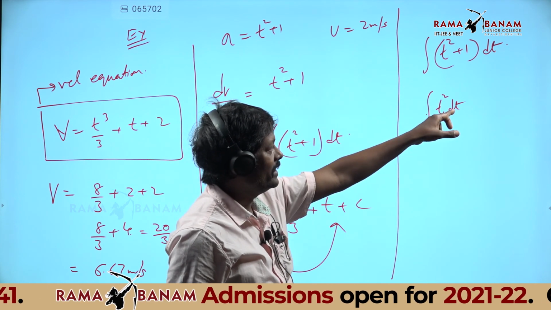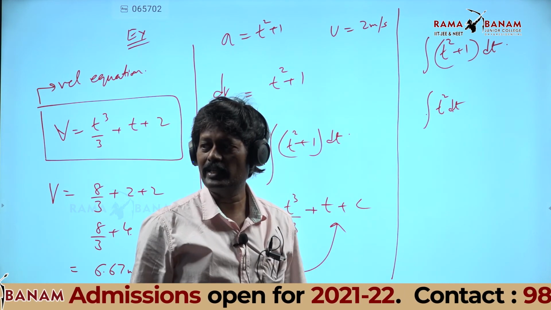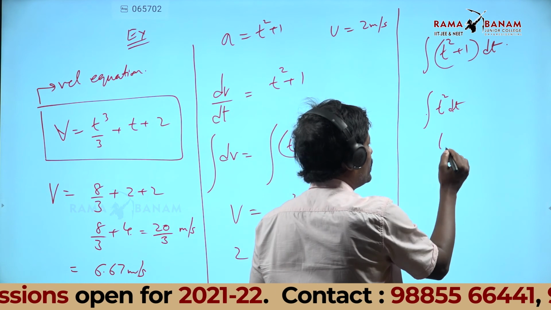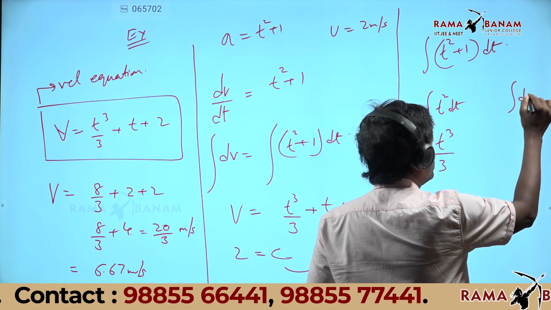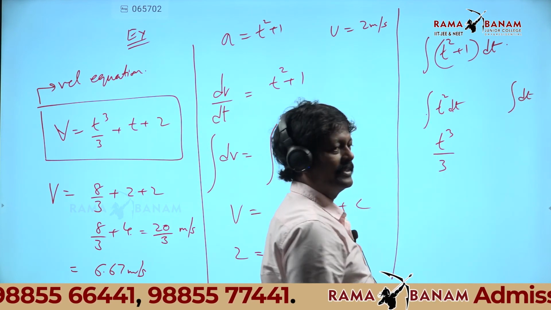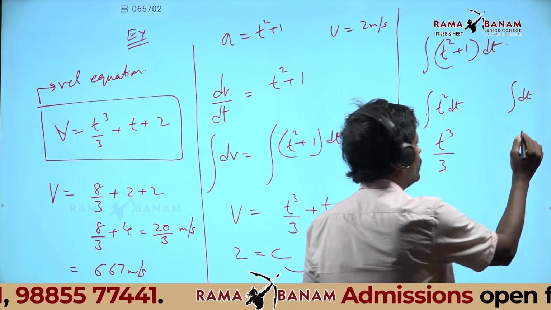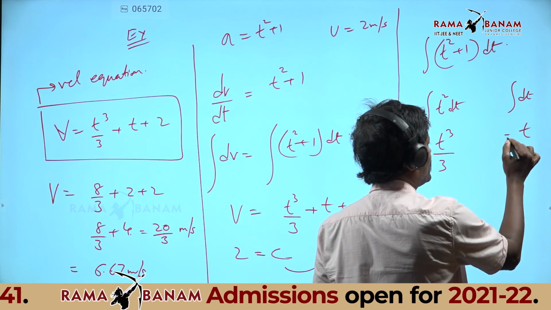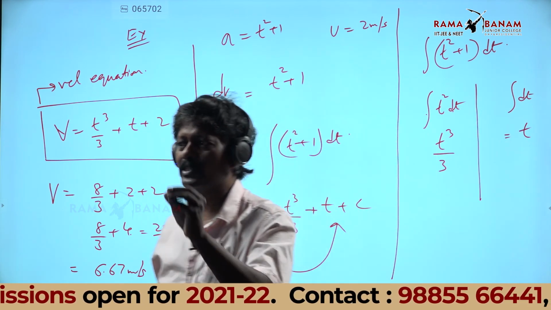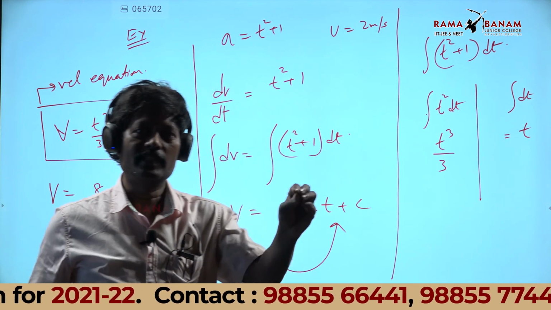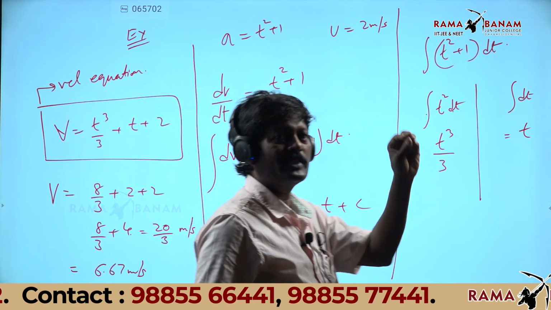Now, x power n dx, x power n plus 1 by n plus 1. So, t cube by 3. If you have integral dt, only integral dt, then you have to put t as the answer. Look at that carefully. Integral dt means t, integral dv means v, integral dx means x.